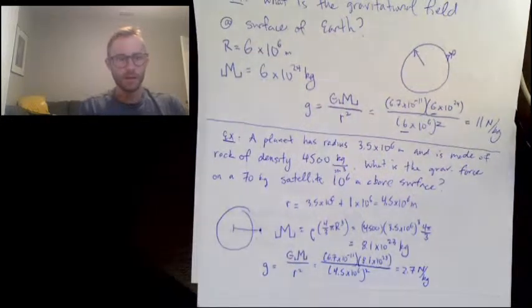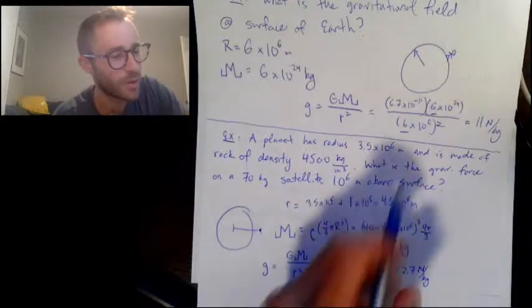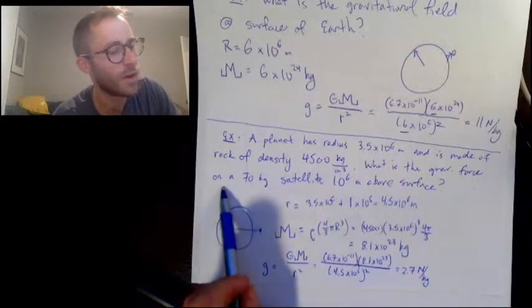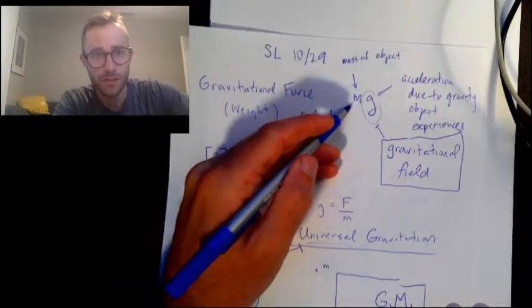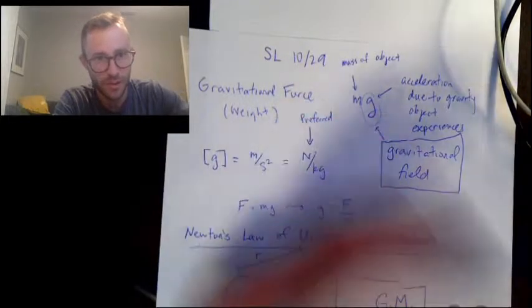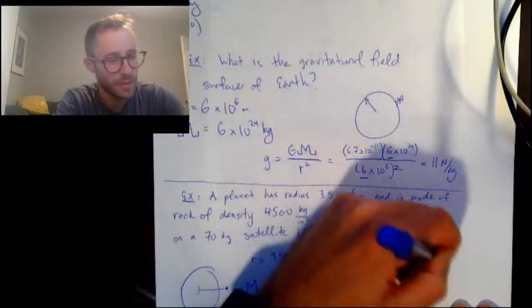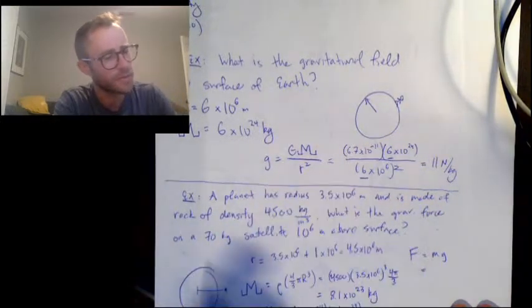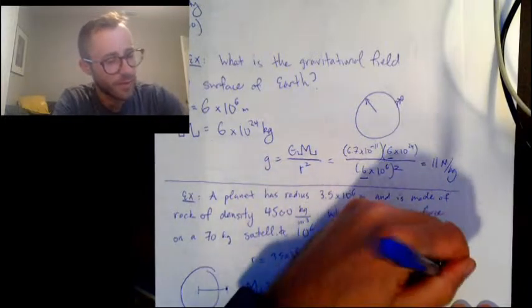That's not the actual answer to the question, because it asks, what is the gravitational force on the 70 kilogram satellite? In order to get the gravitational force, I take the mass of the object that is experiencing the gravitational field and multiply it by the size of the gravitational field. So the gravitational force, my actual answer, is m times g. It's a 70 kilogram satellite, and the acceleration due to gravity is 2.7.